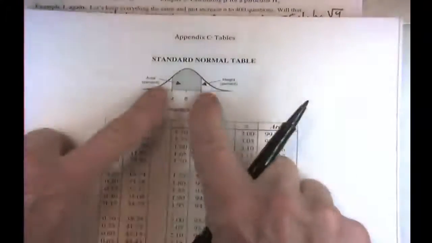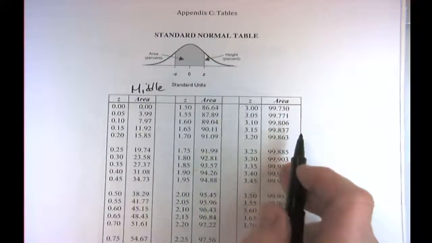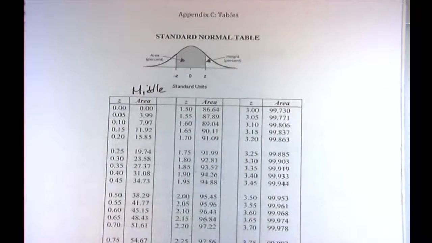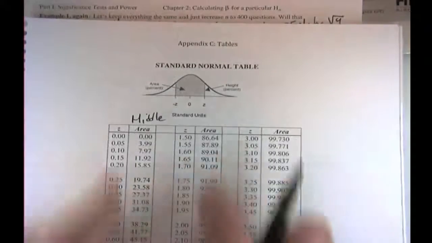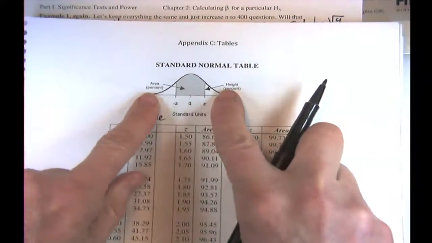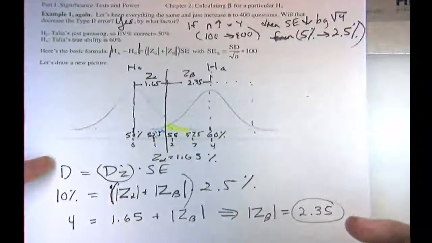And so our 2.35, let's see, 2.35. It's 98.12. So let's just say about 98% between there. So this is 98% in the middle.